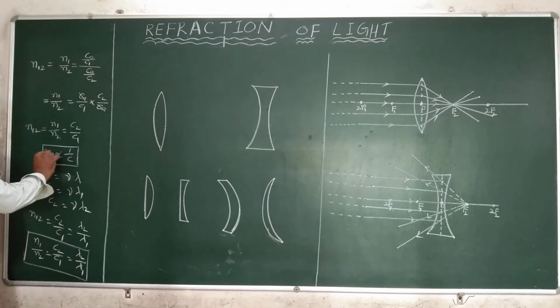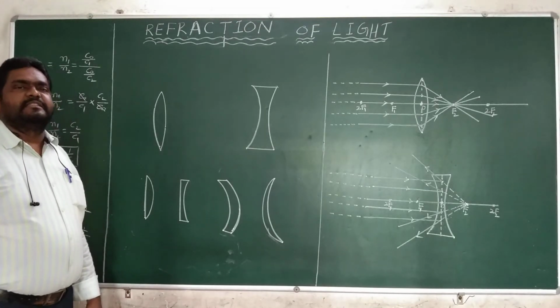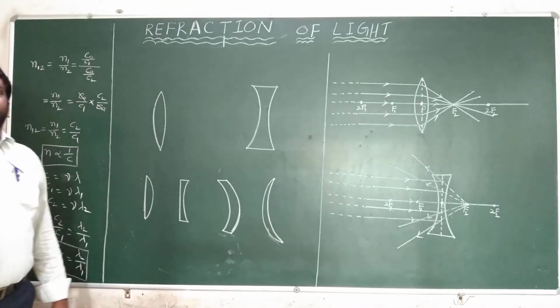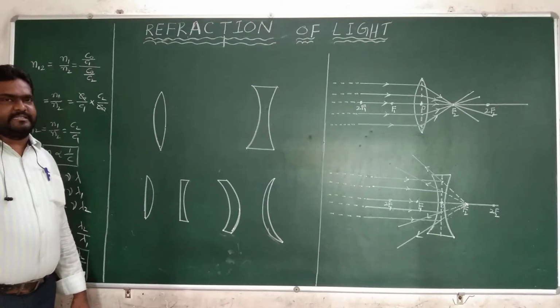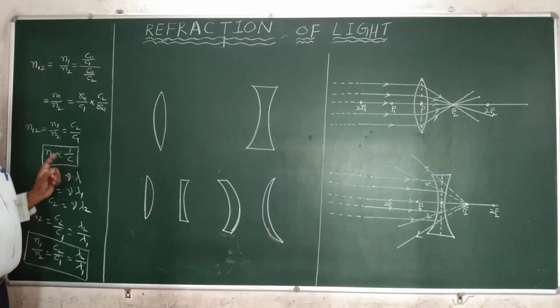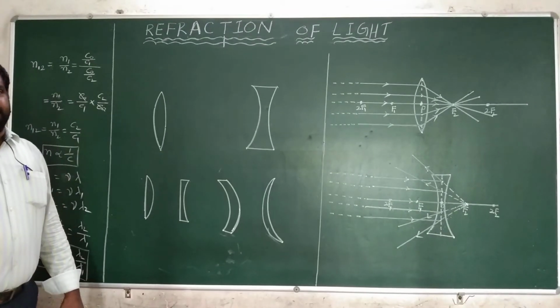If the refractive index is more, the speed of light is less. In the medium which has the more refractive index, the speed of light is less, because the medium with more refractive index has more optical density. What is meant by optical density?